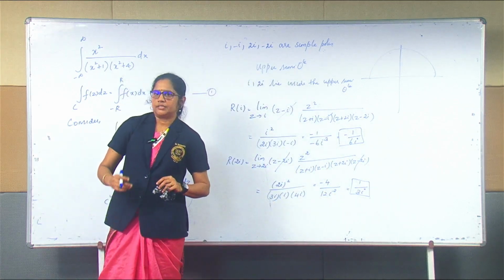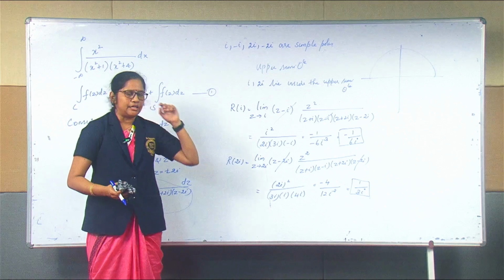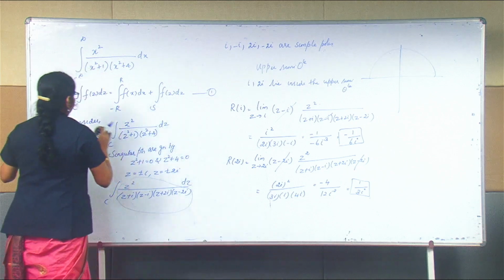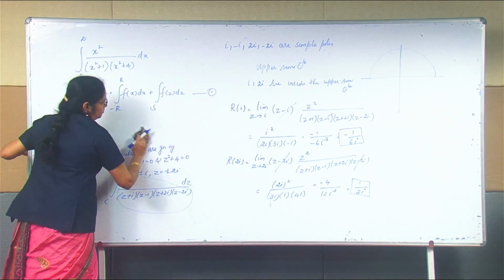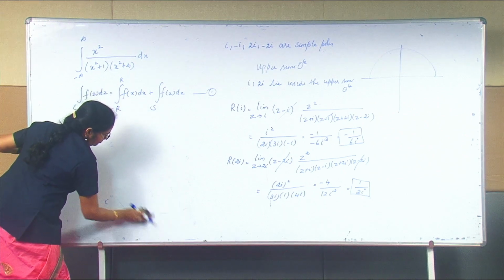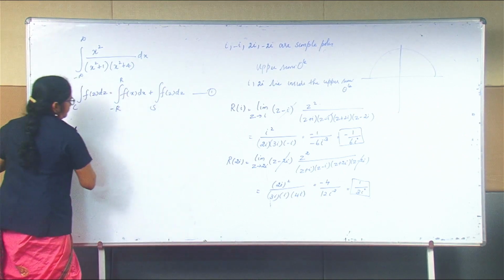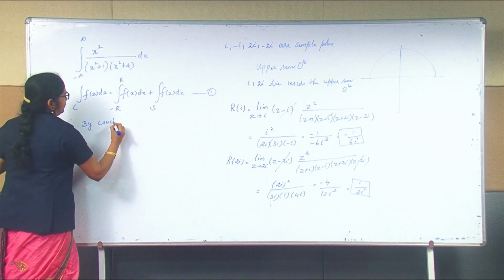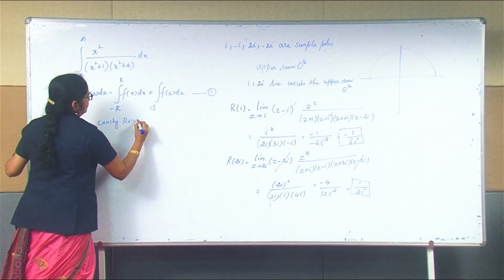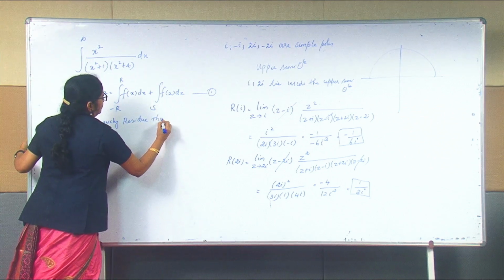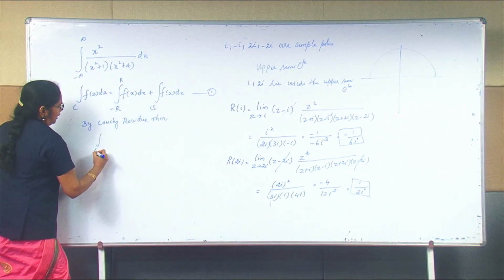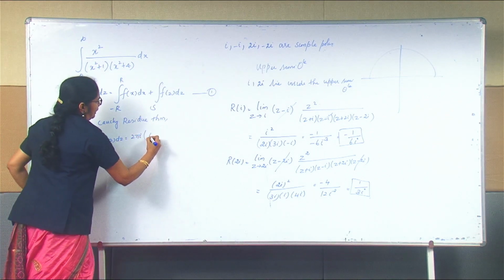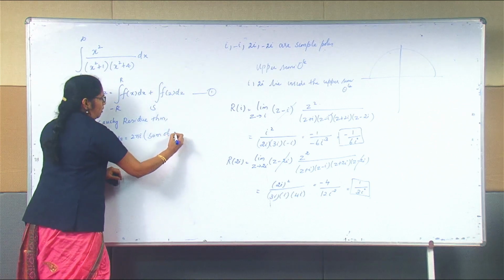Already we discussed this. After finding the residues for simple poles, now we need to apply the Cauchy residue theorem. By Cauchy residue theorem, the integral over C of f of z dz equals 2 pi i times the sum of all residues.